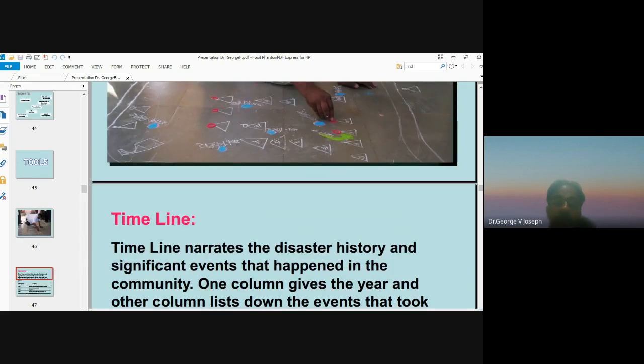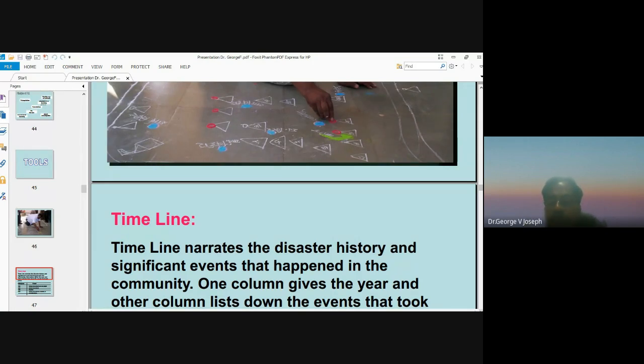Then timeline analysis, the hazardous event history can be discussed, and they can list down what happened in the year 2022, and in the year 2021 what hazardous events have happened. So like that you can have maybe a 50-year history.